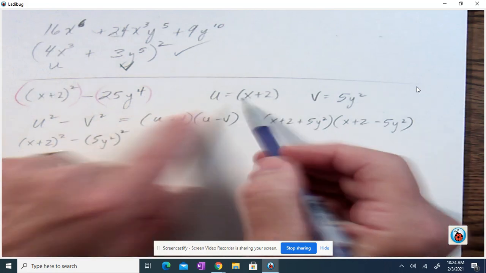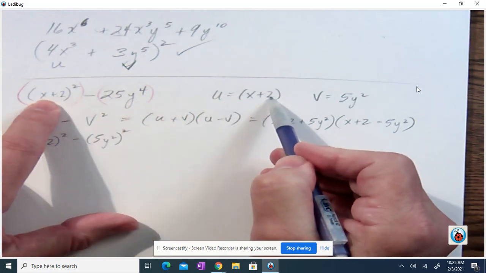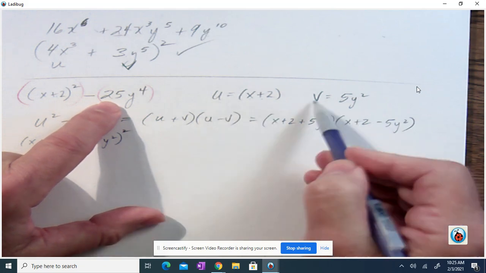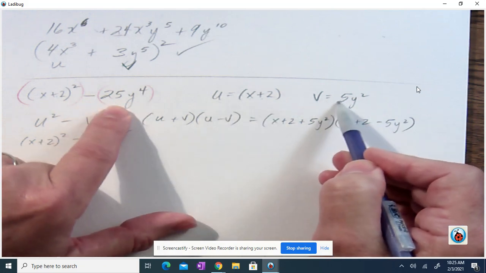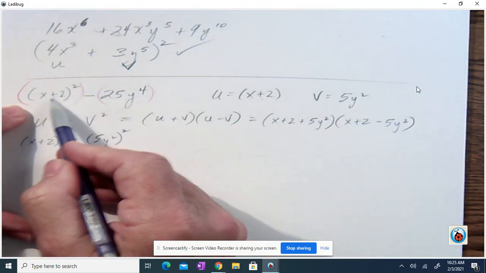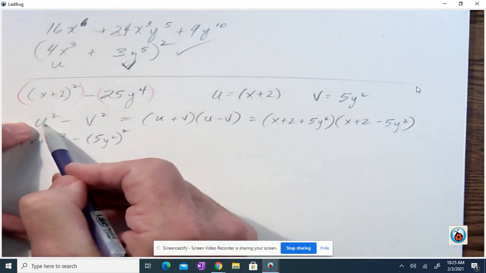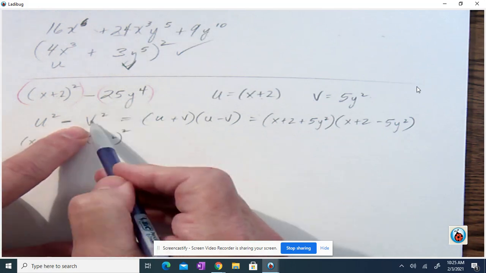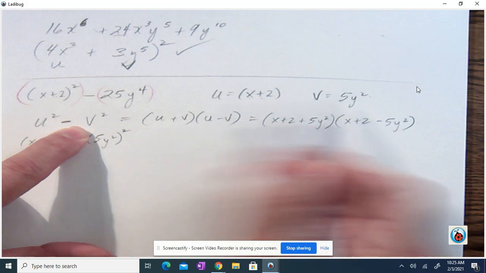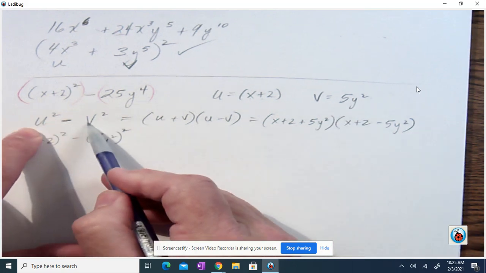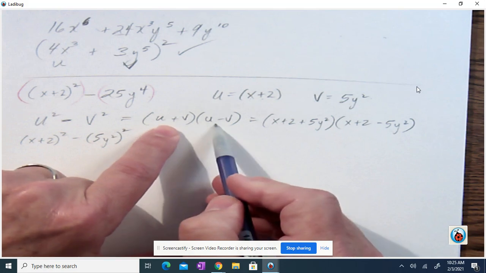So we can let u be x plus 2, just temporarily, and we can let v be the square root of this whole thing, which is 5y squared, and then rewrite this whole thing as u squared for the first part minus this squared, right? Now, u squared minus v squared is just a difference of squares, and that factors to this.